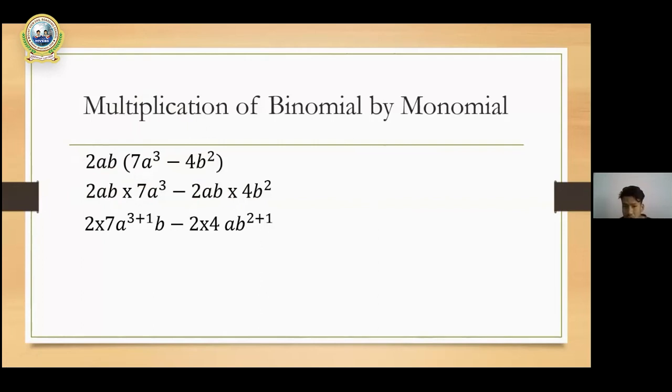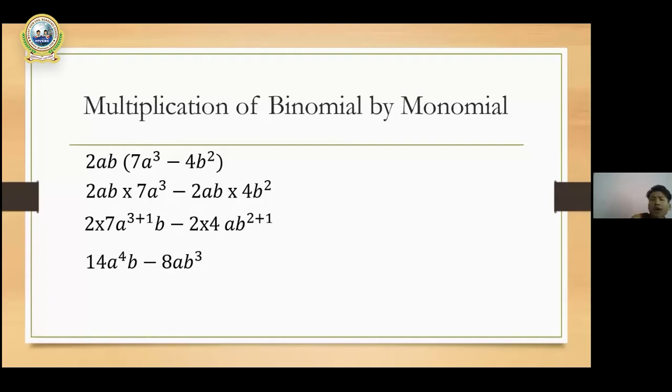In the first term, the coefficients 2 and 7 are multiplied together, and in the second, 2 and 4. And we add the powers of the same base. The answer is pretty basic: 2 7s are 14, a^4 b, minus 8ab cube. So simple mathematics.